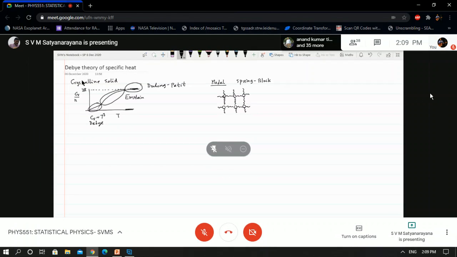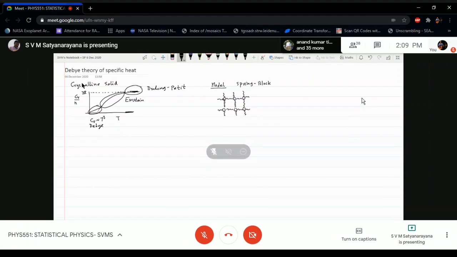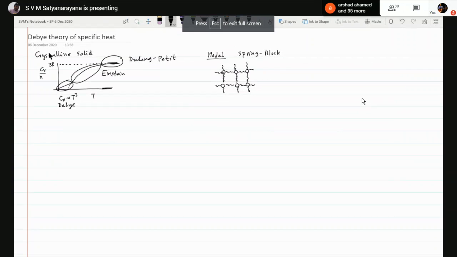Now, when thermal energy is imparted to the system, all these springs get expanded and contracted, and that results in oscillations of atoms. In normal coordinates, these oscillations can be written as a collection of harmonic oscillators.